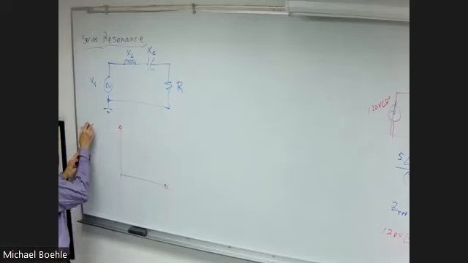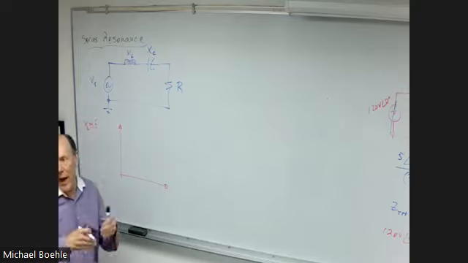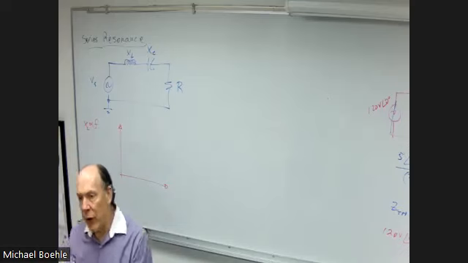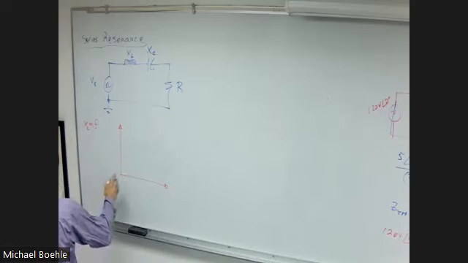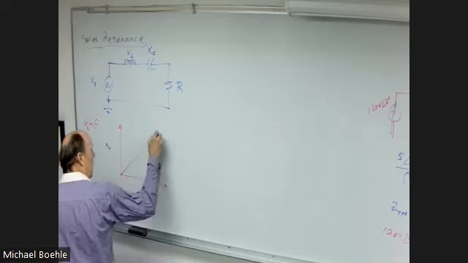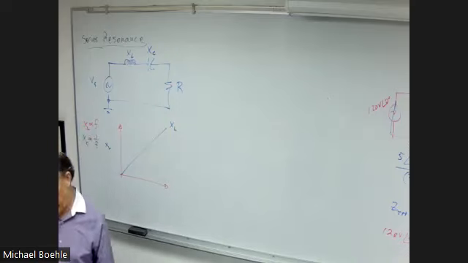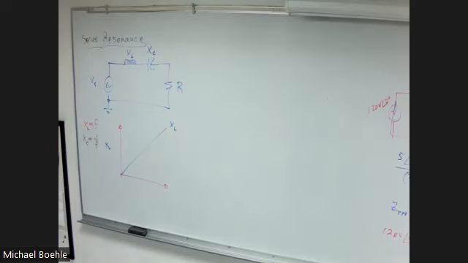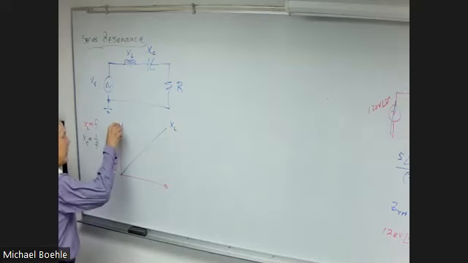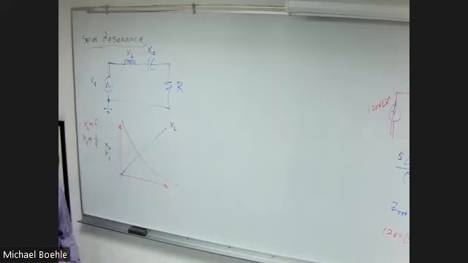Inductive reactance is proportional to frequency, 2 pi f L. So for a fixed inductor, inductive reactance looks like that. Capacitive reactance is proportional to 1 over frequency, 1 over 2 pi f C. So for a fixed capacitance, I will have a capacitive reactance that looks like that.